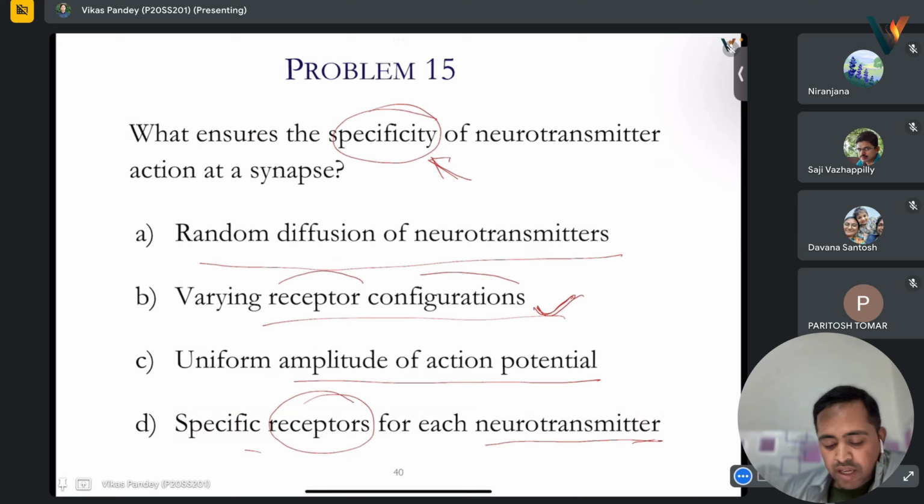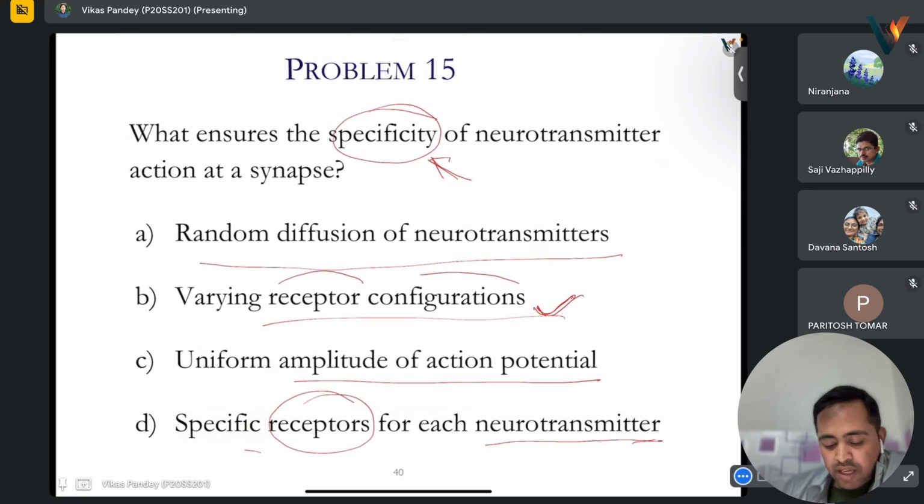In a neuromuscular junction, what triggers the release of calcium leading to muscular activity? A neuromuscular junction means a neuron connecting to a muscle tissue or cell, right? So what triggers the release of calcium leading to muscle activity?